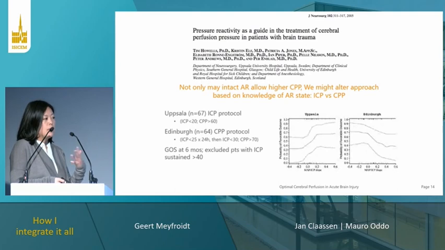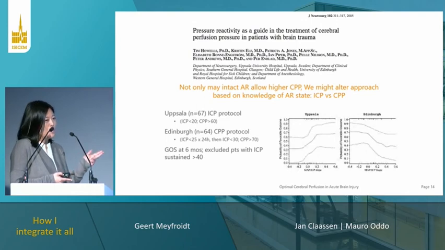If your ICP is varying together with your mean arterial blood pressure, you're probably in a pressure-passive state, you're poorly autoregulating. And when you're in that poorly autoregulating, pressure-passive state, you're more likely to do better using the Uppsala ICP protocol, and certainly with the CPP protocol, where you're driving your CPP high, you're going to do poorly because you're pressure passive.